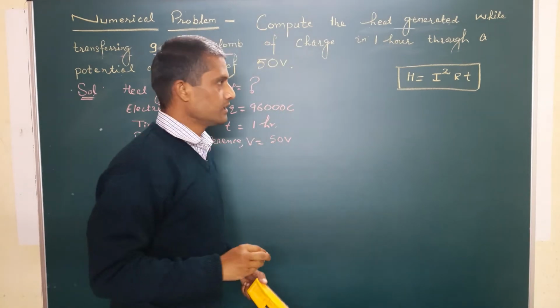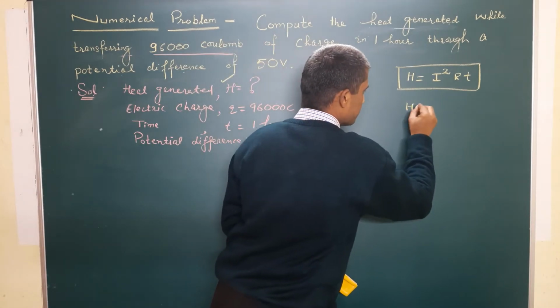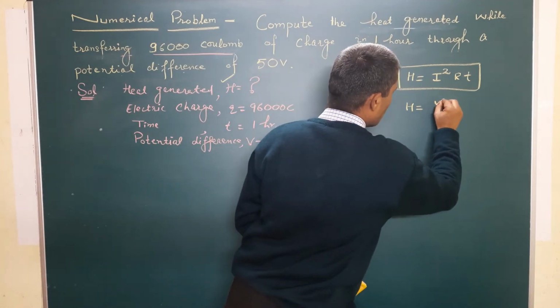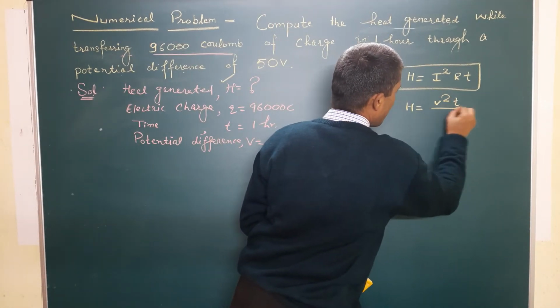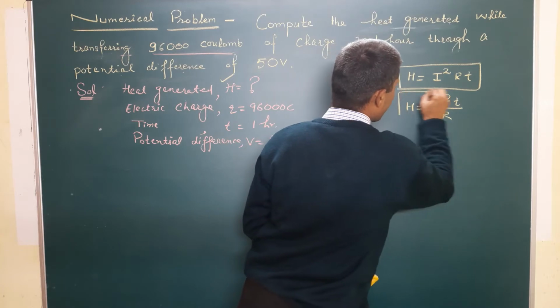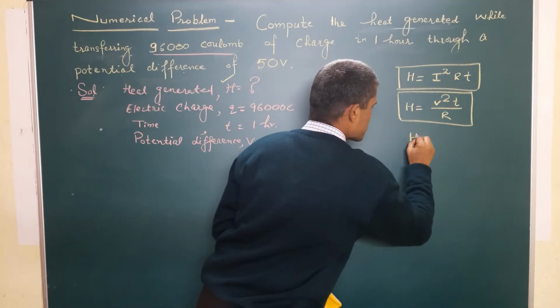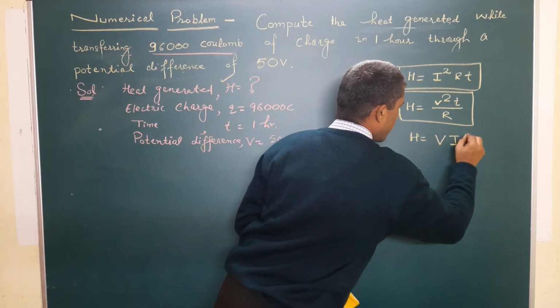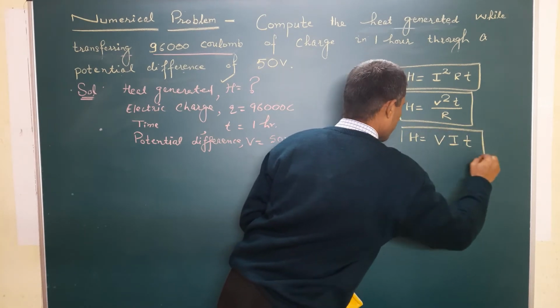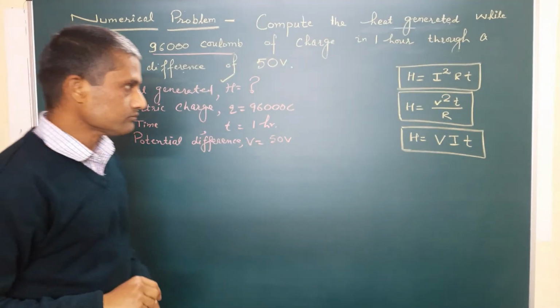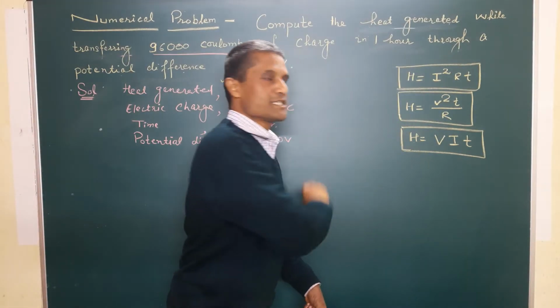The second one we derived in that video is H is equal to V square T upon R. And the third one is H is equal to VIT.